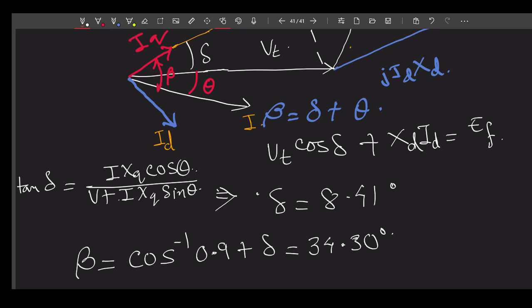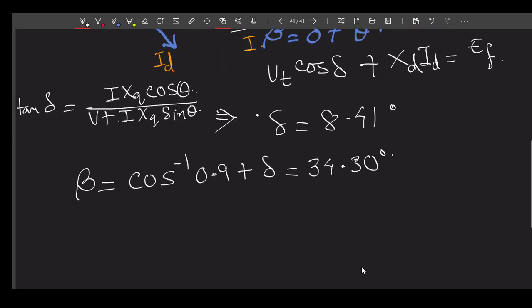Now what about your Id? Id is equal to I sin beta, that is 9 sin.